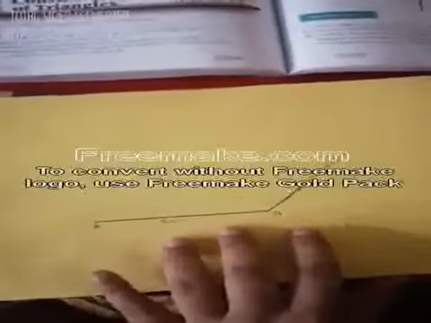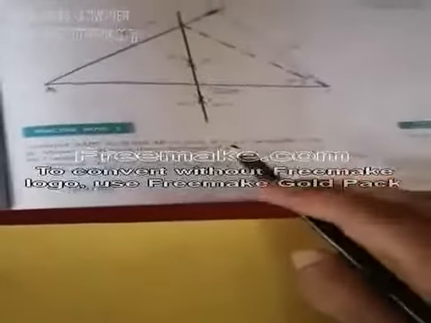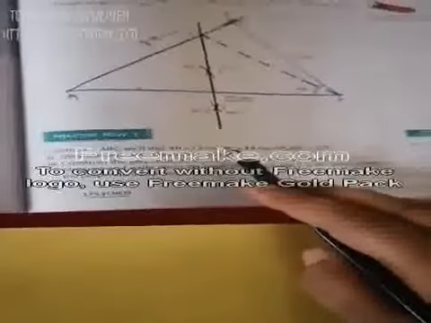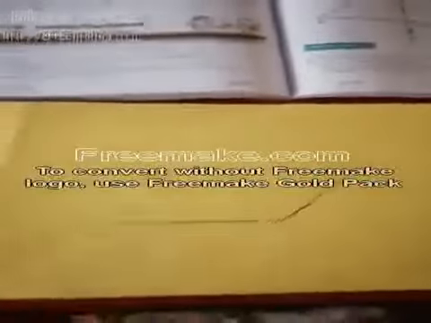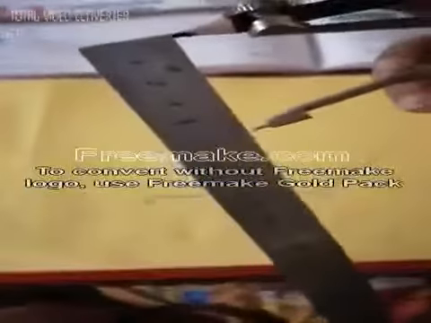Now our next step, see here, this is angle ABC of 130 degrees. Our next step is to put the arc of radius 4.8 centimeter. So I have already opened my compass to 4.8 centimeter. See here, 4.8 centimeter from here, and I am going to put the arc.